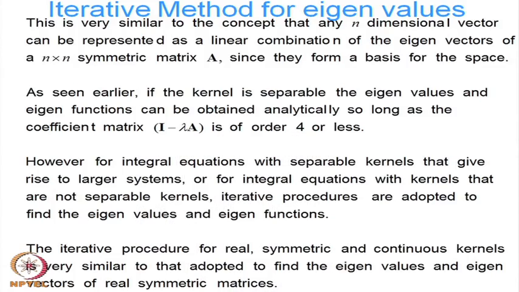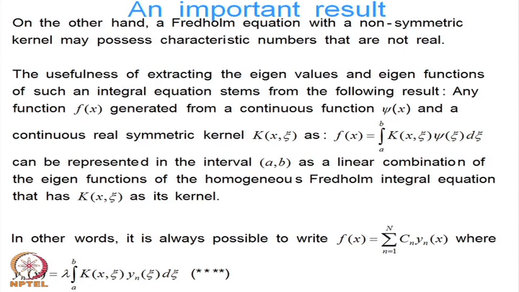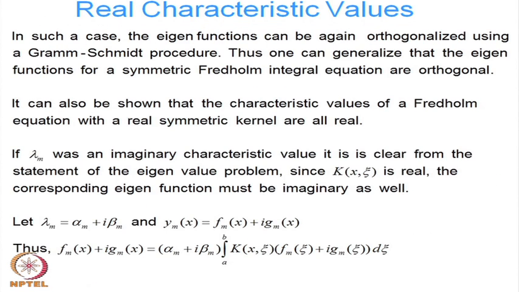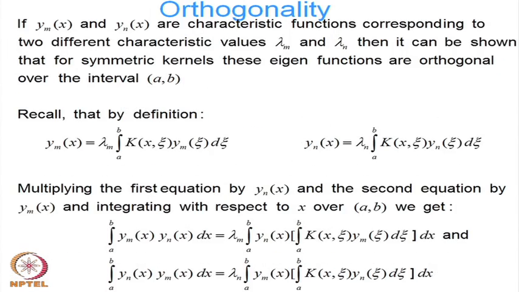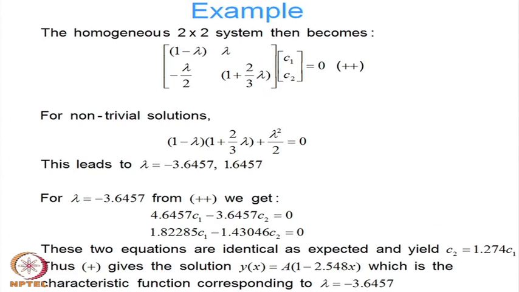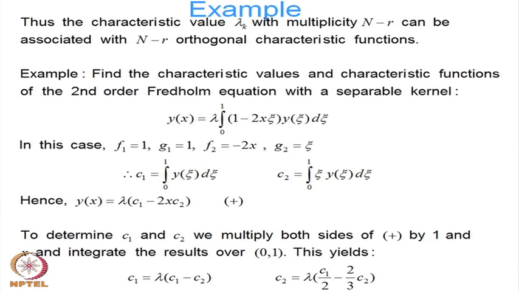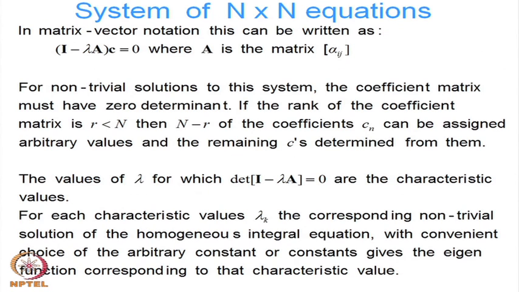But we have seen that we can find the eigenfunctions for separable kernels. Yes, we can find them relatively easily, but remember, to find the eigenvalues we have to evaluate the determinant of I minus lambda A equal to 0.